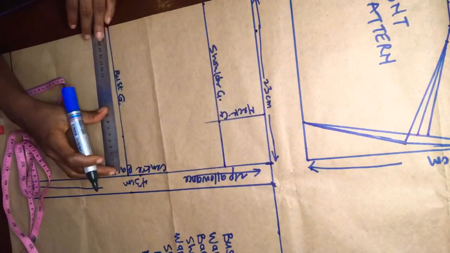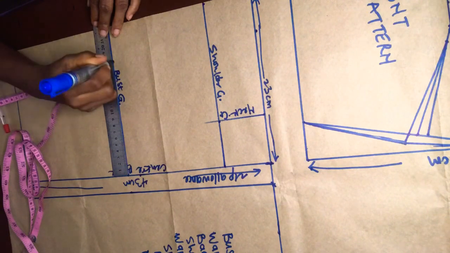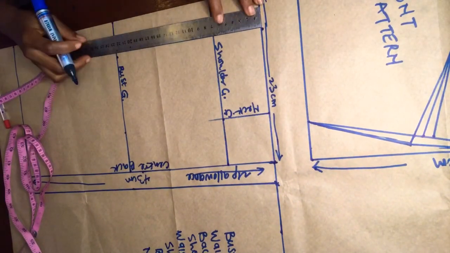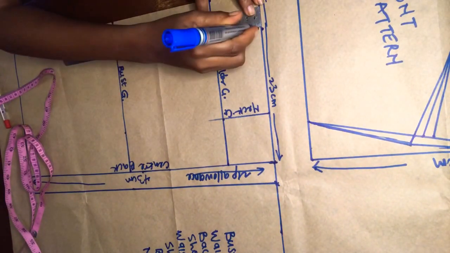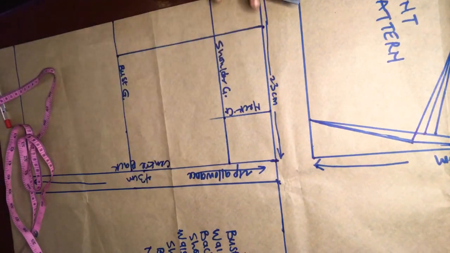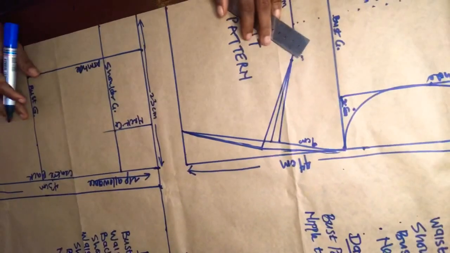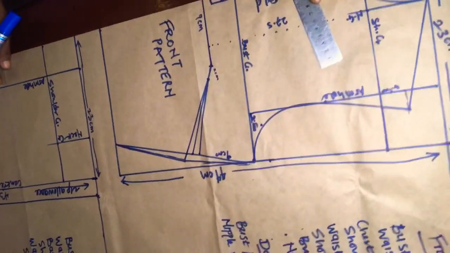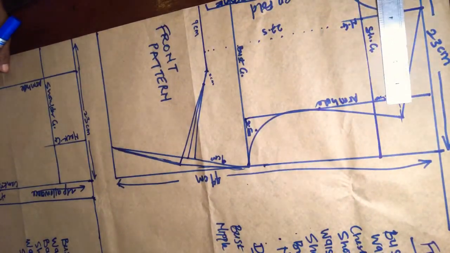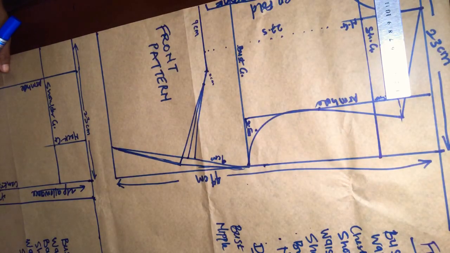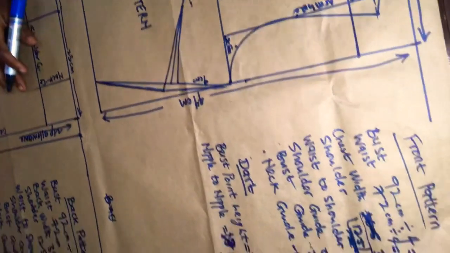Divided by 2, that is 17.5 centimeters. The same way we drafted it out in the front pattern is the same way we draft it out here. So that's our armhole line. So we do almost the same thing, just a change in measurement.